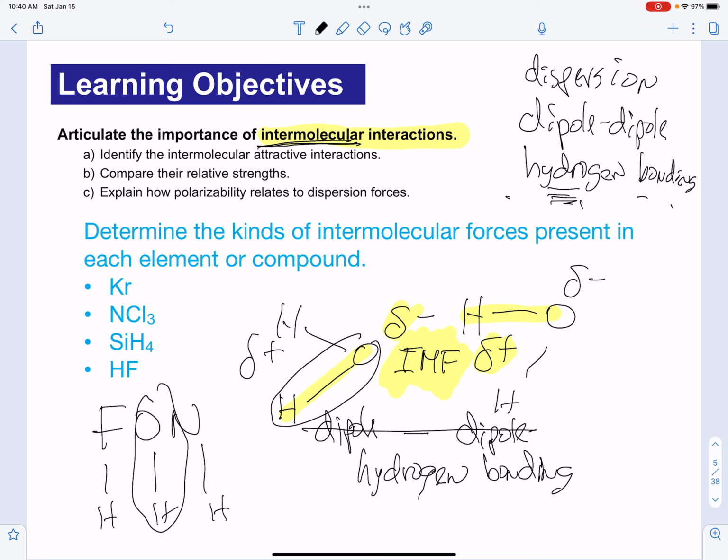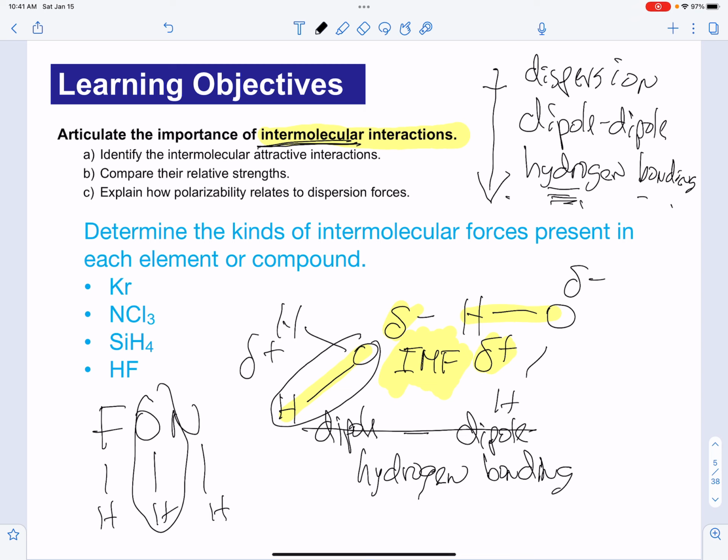So understanding that water can do hydrogen bonding is going to explain very soon why water is one of the molecules with the highest heat capacity, why the boiling point is so high, and so on, because hydrogen bonding is one of the strongest forces between the four of them.